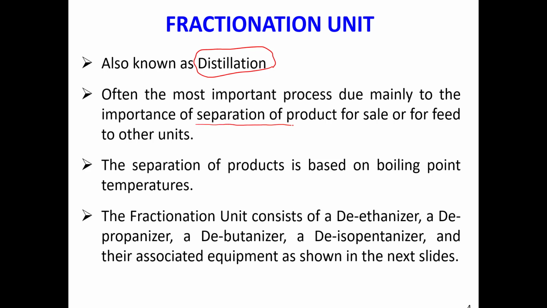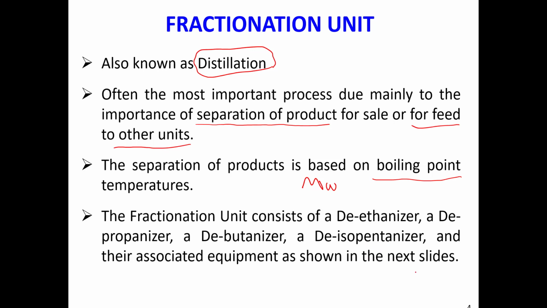We separate molecules that can be used for sale, or converted to other products, or that are the feed of another unit, especially in the case of the LNG process. The separation is based on the difference in boiling point or molecular weight, and it has mainly these four units: De-ethanizer, De-propanizer, De-butanizer, De-isopentanizer.